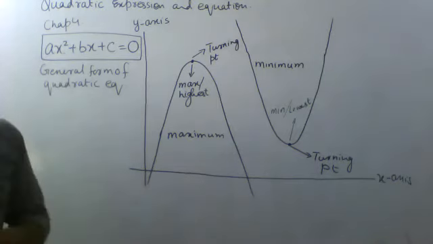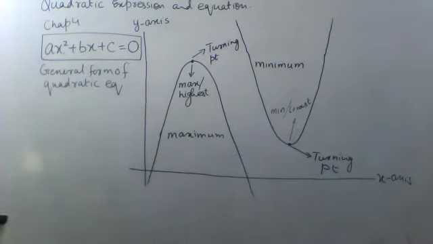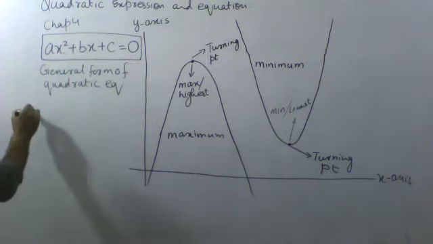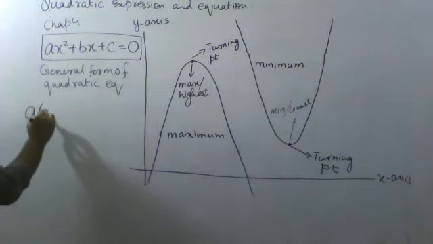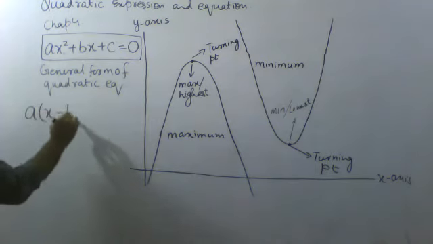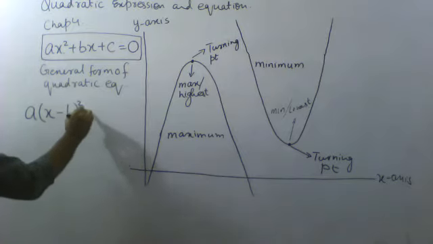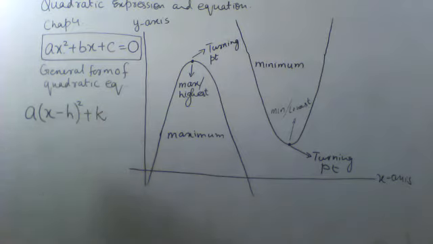Over here, the standard form of completing square method, which is used in ADNAS, is given like this: a(x minus h) whole square plus k.